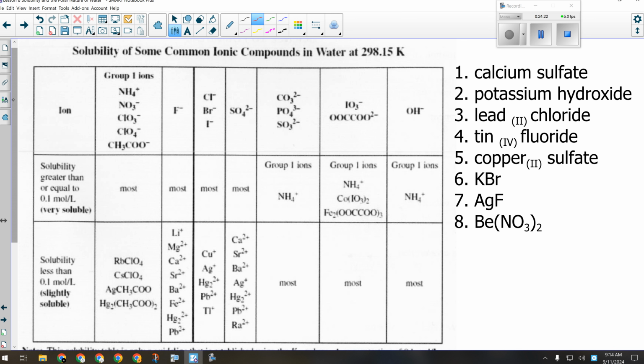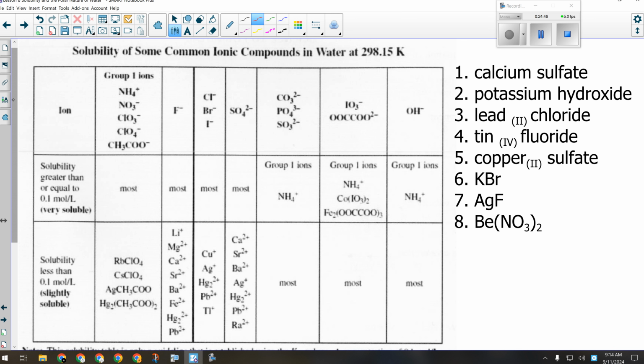So the way it works is like this. We look for the non-metal, or the negatively charged part generally, except for ammonium, up here in the top row. And then we try to match it up with the positively charged part of the ionic compound in one of the two rows below.